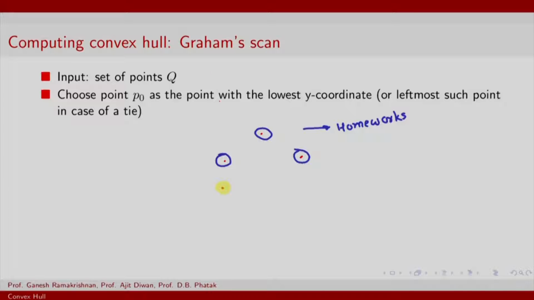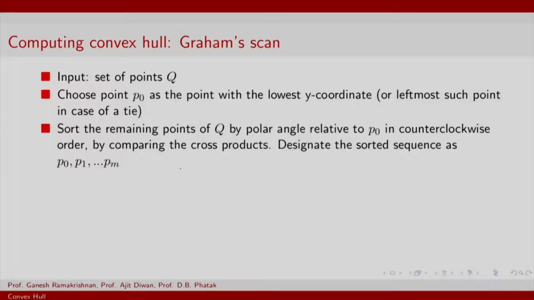In particular, we will resort to a counterclockwise inclusion of points. Let me explain this a little bit more carefully. So we are going to sort the remaining points of Q by their polar angle relative to P0 in counterclockwise order by comparing cross products.